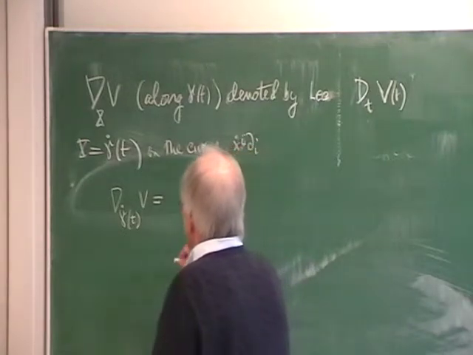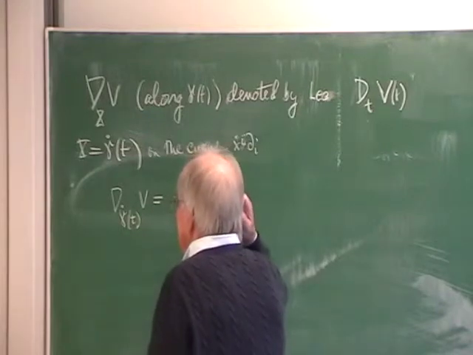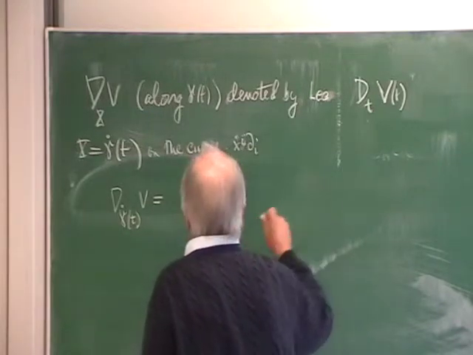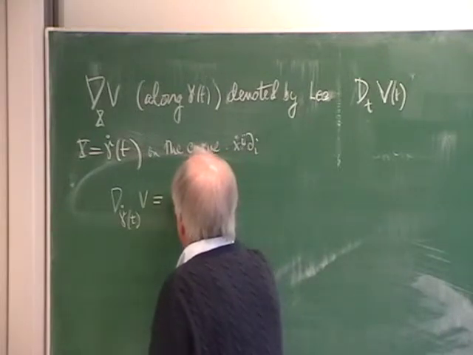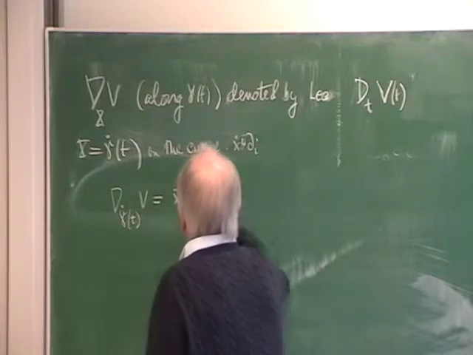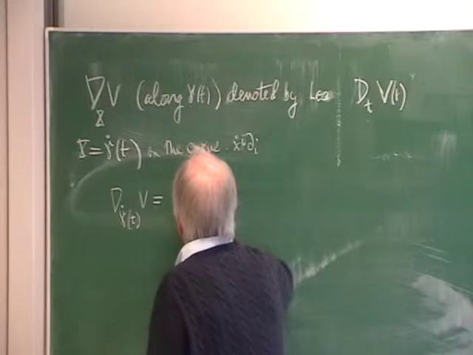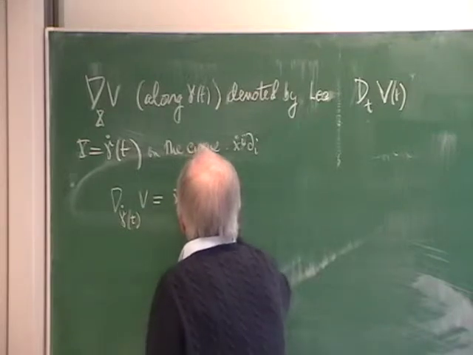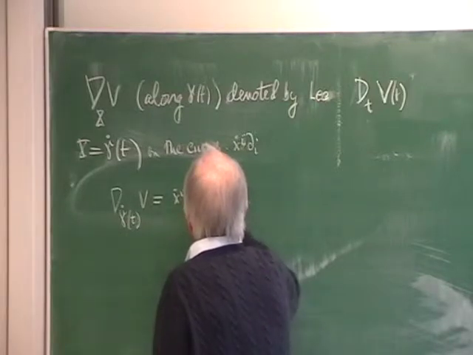So first of all, you apply the connection to V^j. It's x dot i d_i applied to d_j.